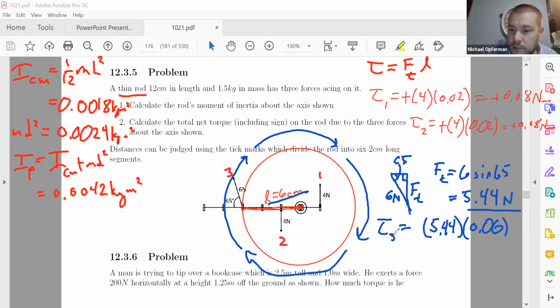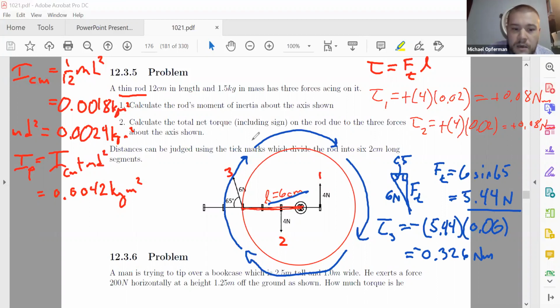So this torque is actually negative. So tau 3 is negative. Now, if I crunch the numbers on that, 5.44 times 0.06, I got 0.326 Newton meter, and that's negative.